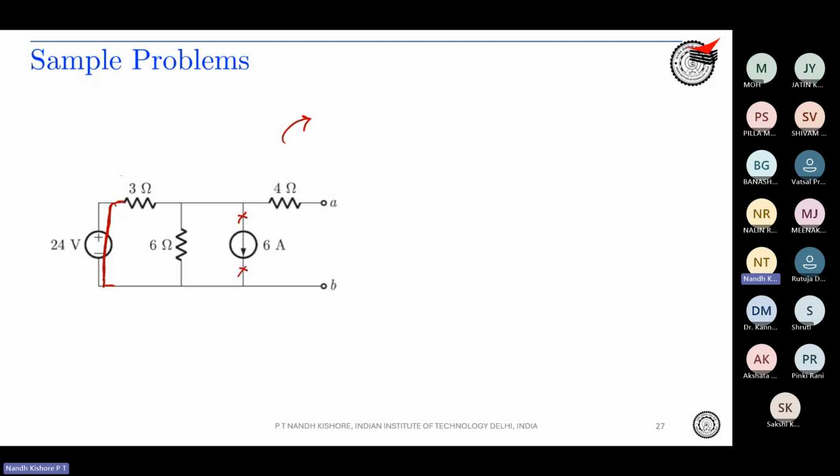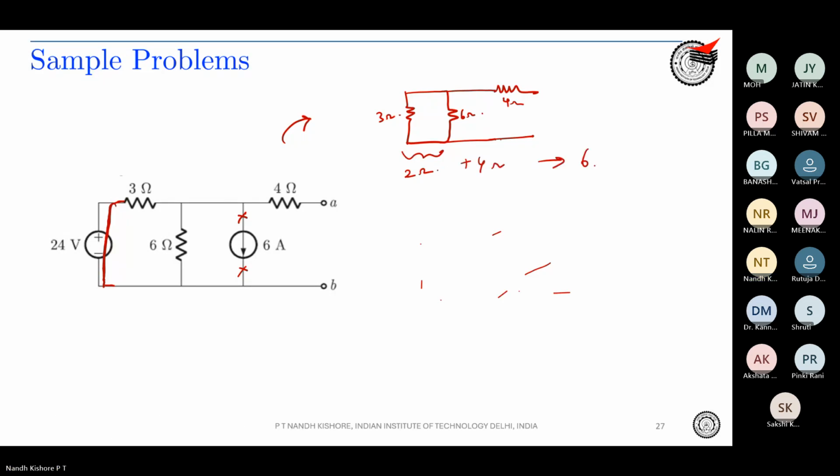So the equivalent circuit becomes 3 ohm in parallel with 6 ohm, and there is no current source and there is a single 4 ohm. So 3 parallel to 6 is 2, and in series with 4, it gives you 6 ohms. Straightforward, right? Is this fine with everyone?